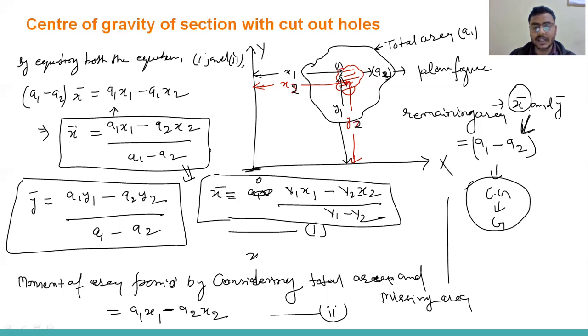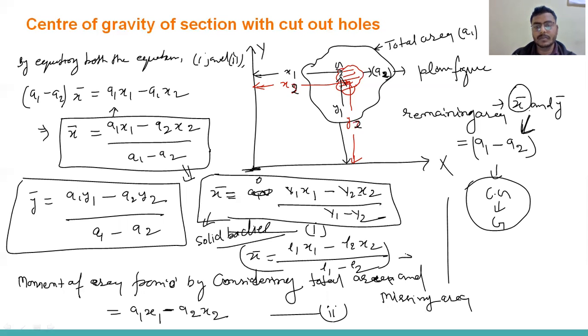So for the line, we can write x bar equals L1 x1 minus L2 x2 divided by L1 minus L2. So this is the formula for the line.